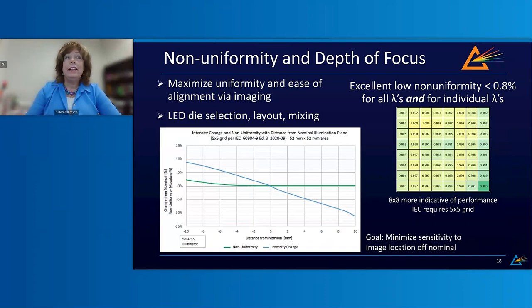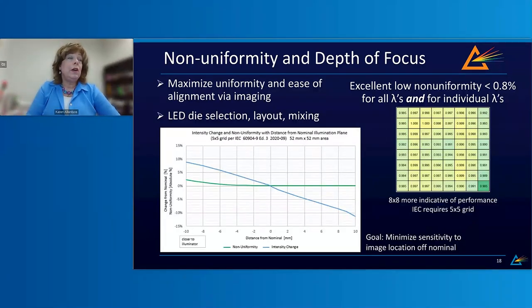As the second class descriptor, uniformity is also an important metric. It's actually classified as non-uniformity. This is an example of what is achievable with an optimized optical design. Imaging systems have inherently less sensitivity to changes in working distance. Moving off nominal, as you see here in the graph, by 10 millimeters decreases uniformity by less than 3%.